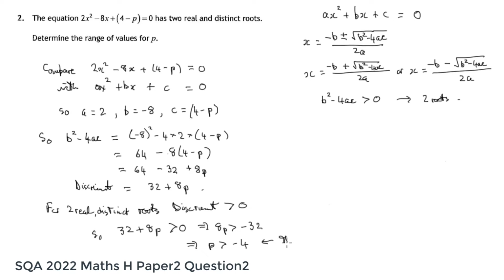So this is the required range. So p can be any real number greater than negative 4. Otherwise, this equation will not have two real and distinct roots.